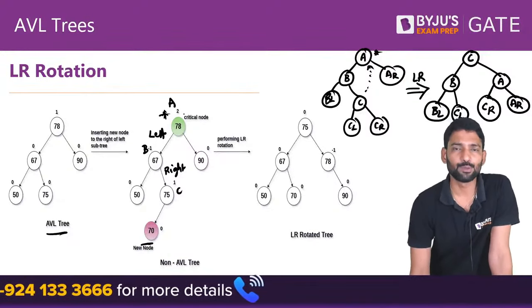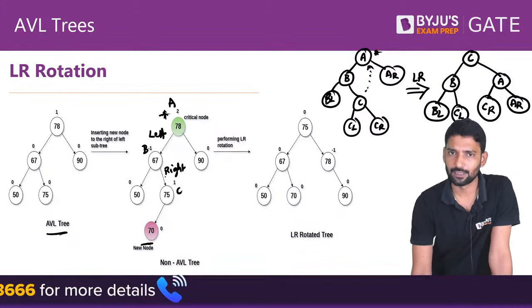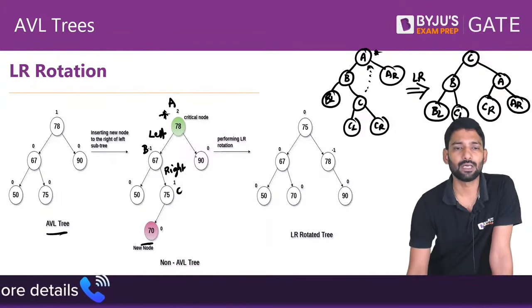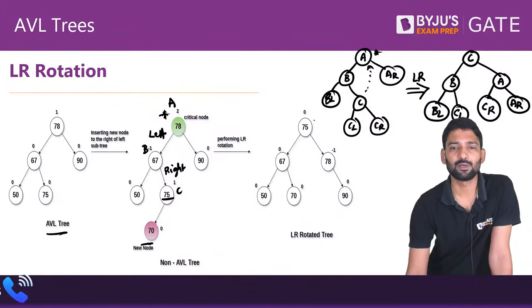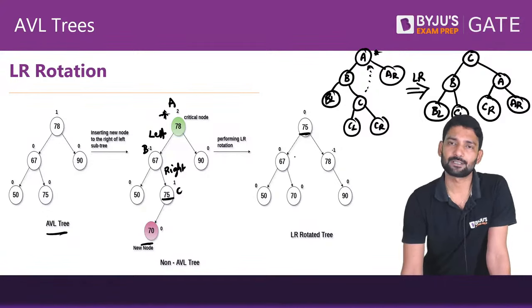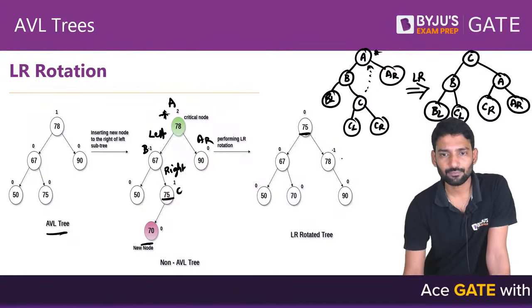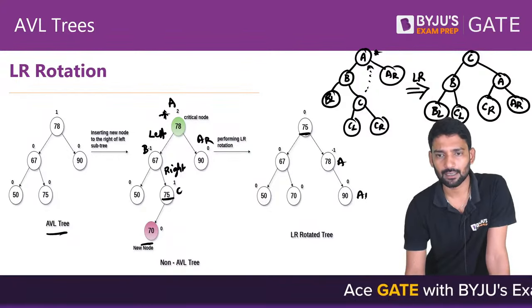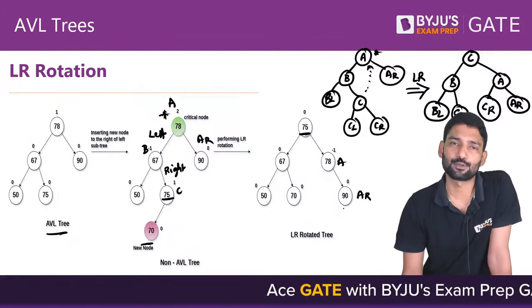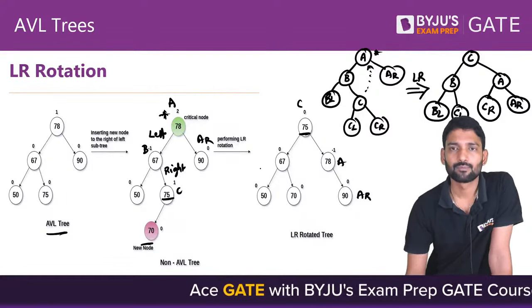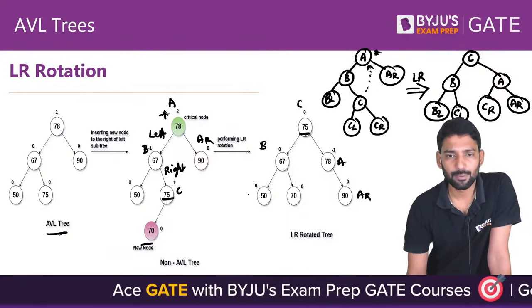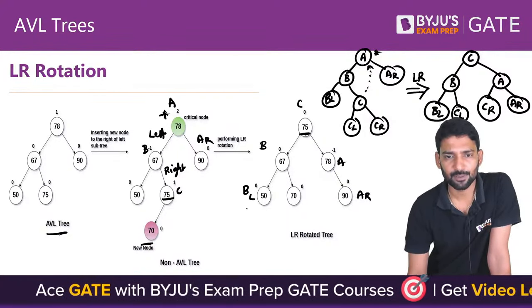Whenever you do LR rotation here, C, 75, goes to the root place, and AR comes to the right part of C. B left stays in the same position.